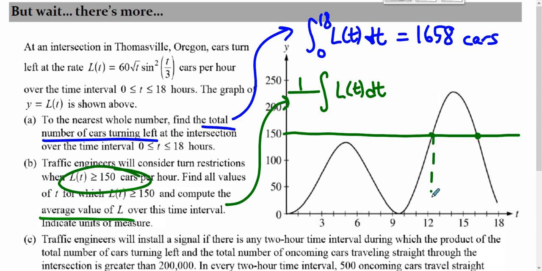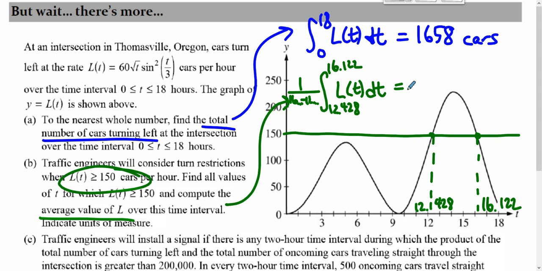It turns out that this spot is 12.428, and this spot is 16.122. So we integrate from 12.428 to 16.122, and then we divide by 16.122 minus 12.428.